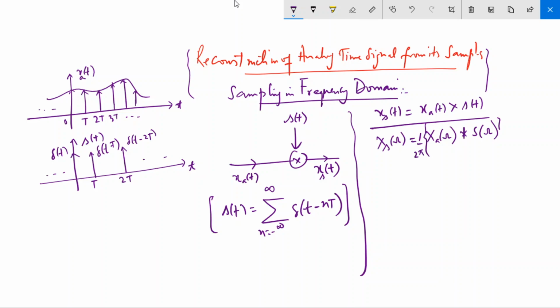When you convolve in time, you get multiplication in frequency with no scaling factor. But when you multiply in time and there is convolution in frequency, there is a scaling factor of 1 by 2 pi, as you see in the properties of the Fourier transform. So I simply have to convolve the input spectrum with the spectrum of this impulse train. First, we will see how to find the spectrum of this impulse train.